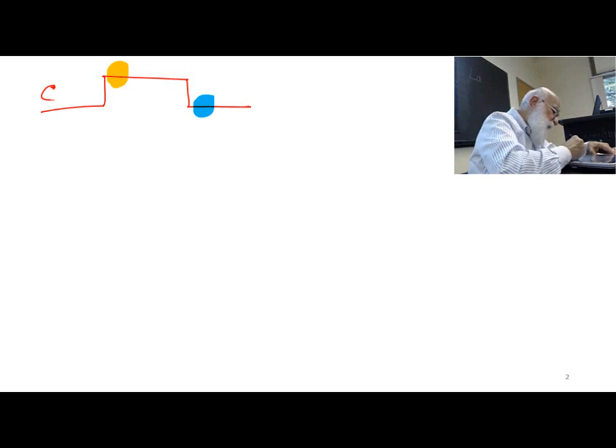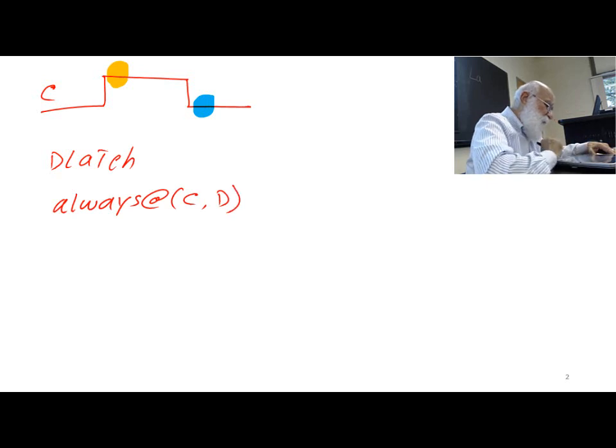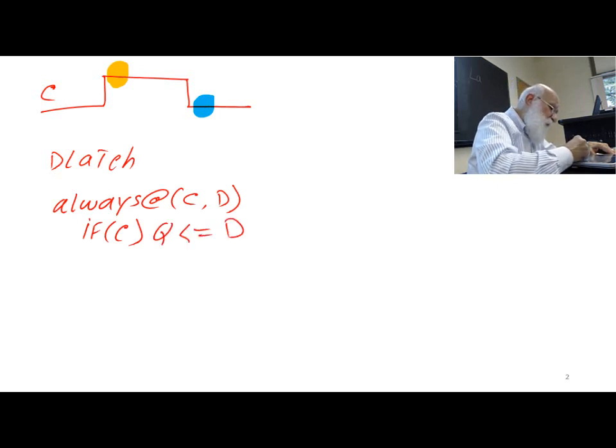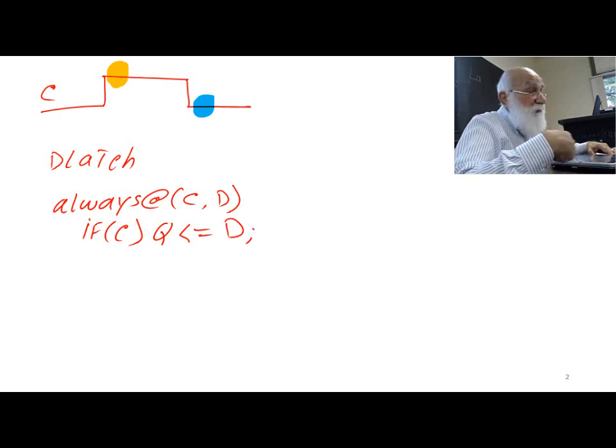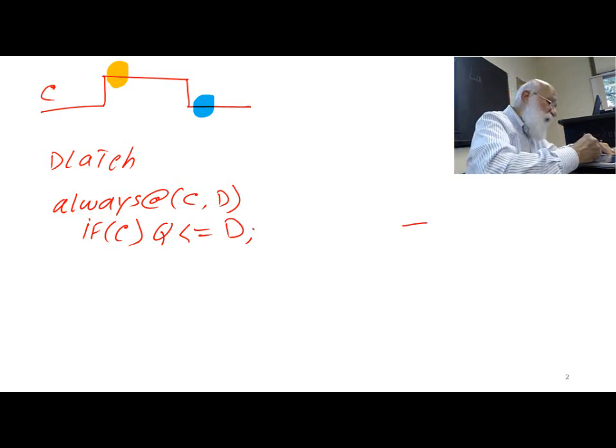One is the D-latch, and the D-latch goes like always at C or D, and then I say if C, which means if C is 1, Q gets D. And for sequential circuits and for memory circuits, for constructs that do have some memory, instead of using this, which I used in the descriptions you have seen before, I use this.